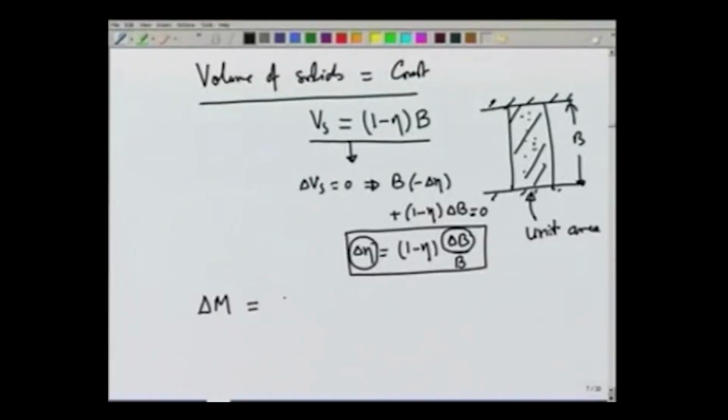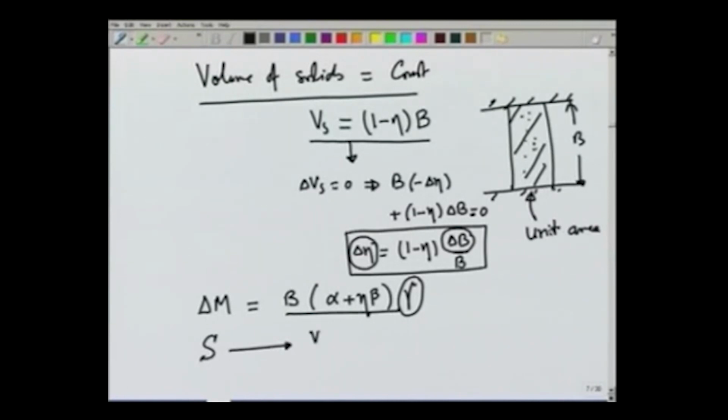So, we write delta m in terms of the aquifer thickness B into alpha plus the porosity into beta multiplied by the specific weight gamma.